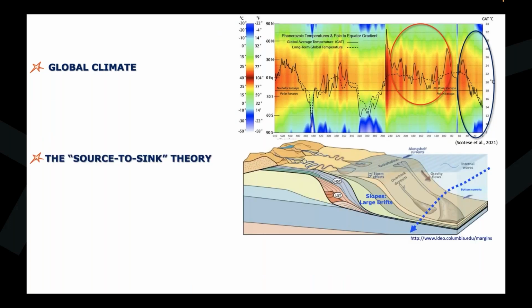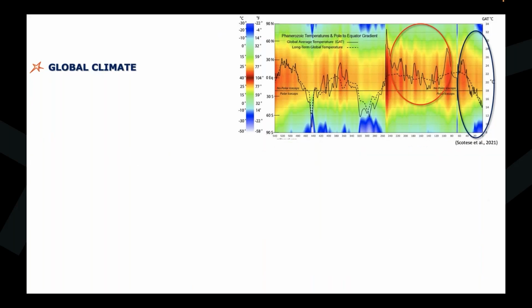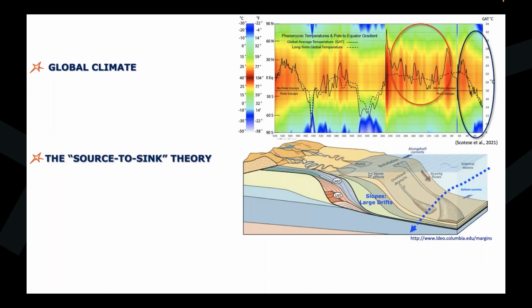And in the second one, you can see that it is mainly controlling the colder condition on our planet. And another implication is for some of the hypotheses of the source-to-sink theory, which is not considering the influence of water masses and oceanographic processes in this model.